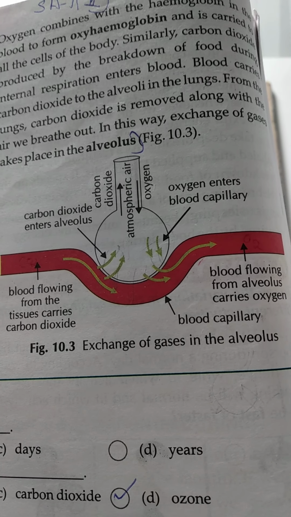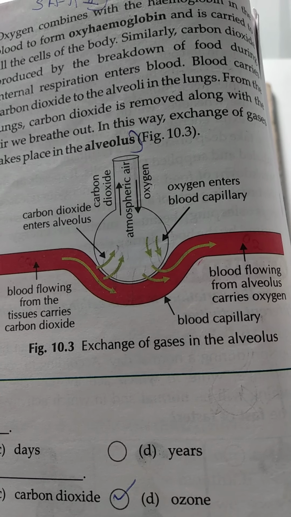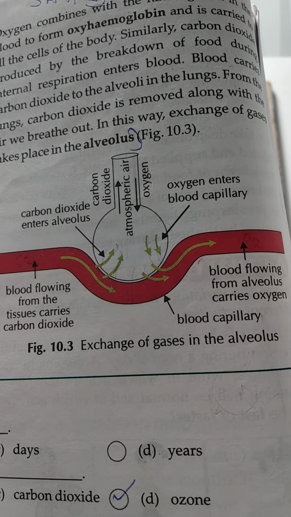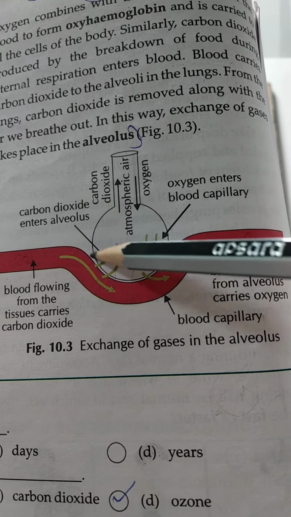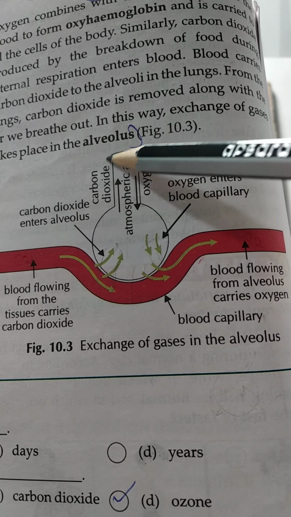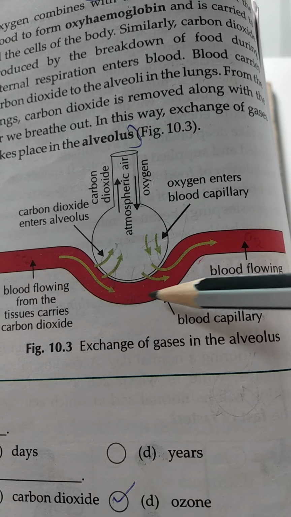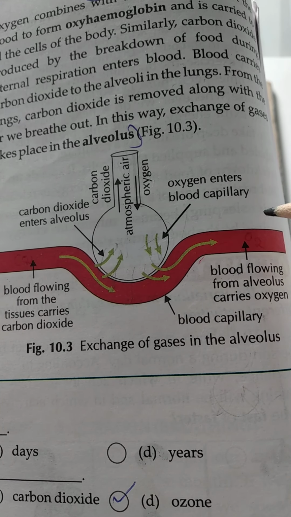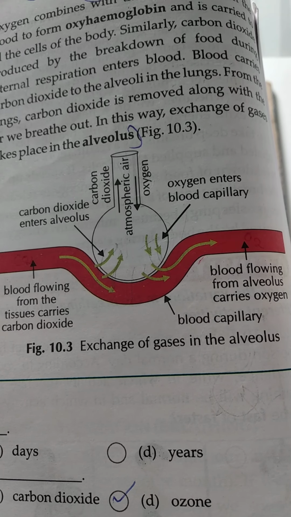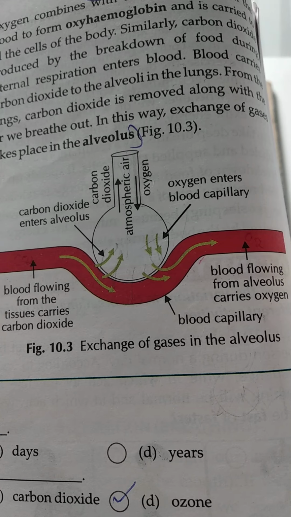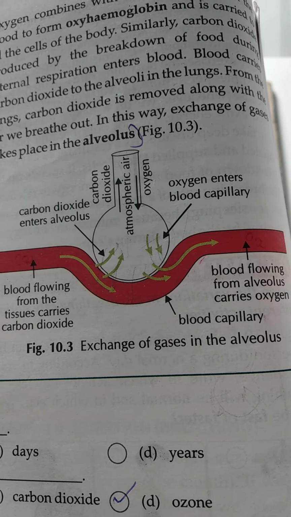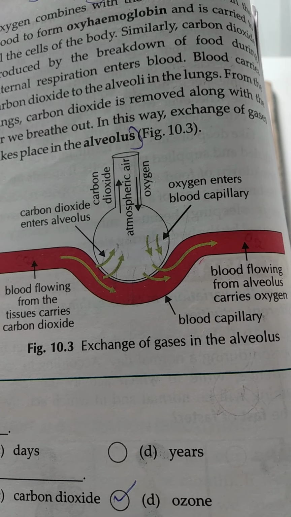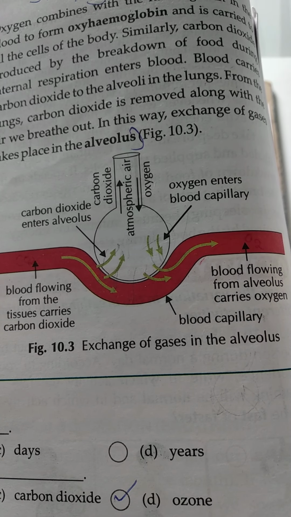Okay, now let's understand how exchange of gases takes place in the alveolus. Just see this diagram. This is a balloon-like structure called alveolus, and surrounding that alveolus there is a dense network of blood capillaries present, very, very minute blood vessels through which blood flows. Now, what happens? See, the color of our blood is red. Why is it red?